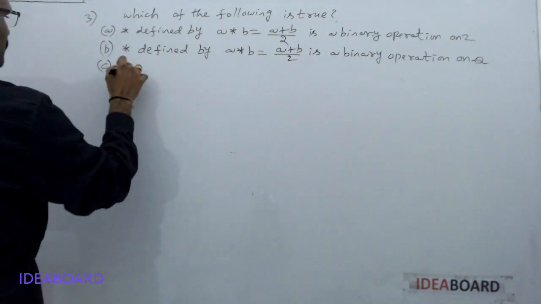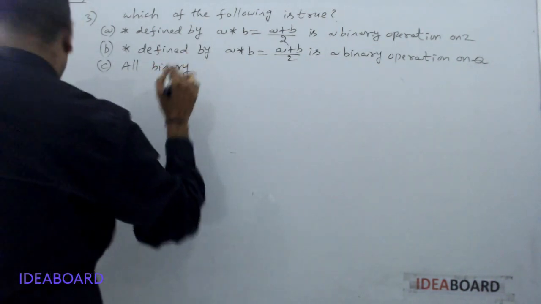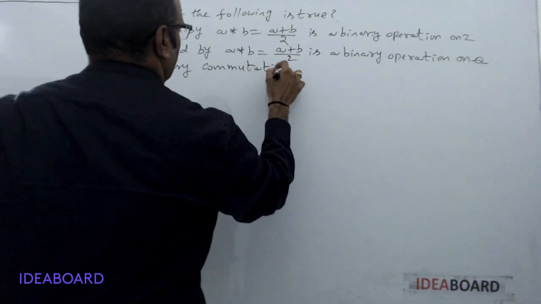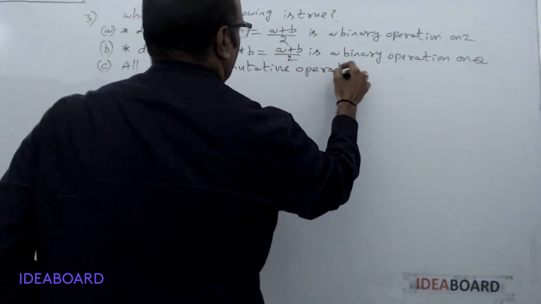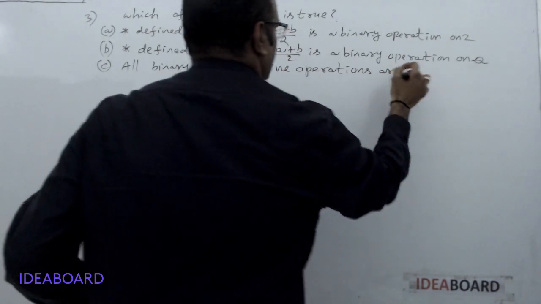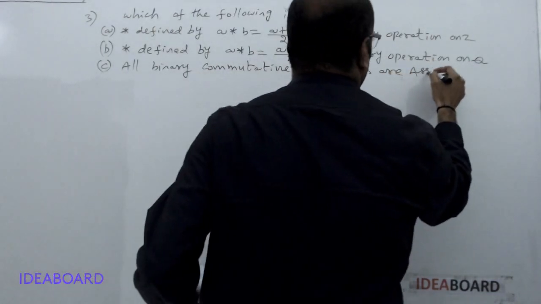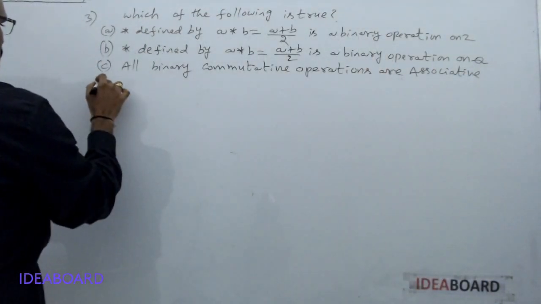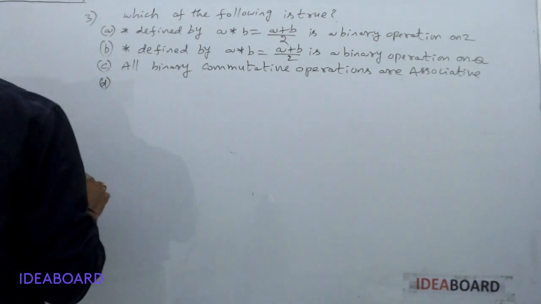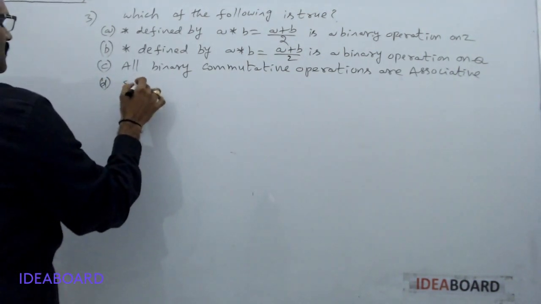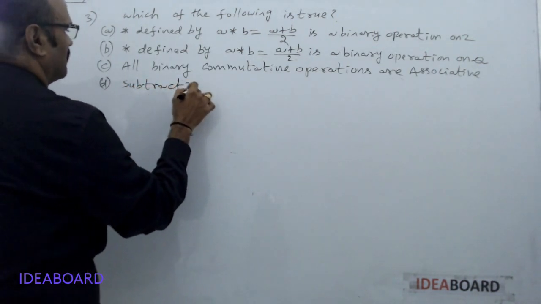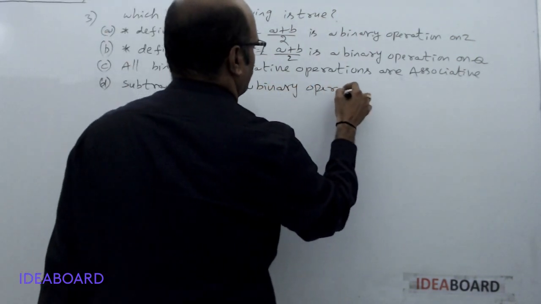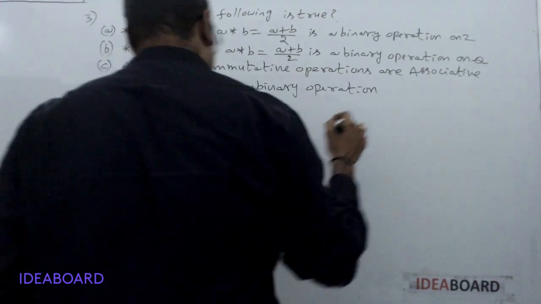All binary commutative operations are associative. 4. Option D is given by subtraction is a binary operation. Subtraction is a binary operation on N.